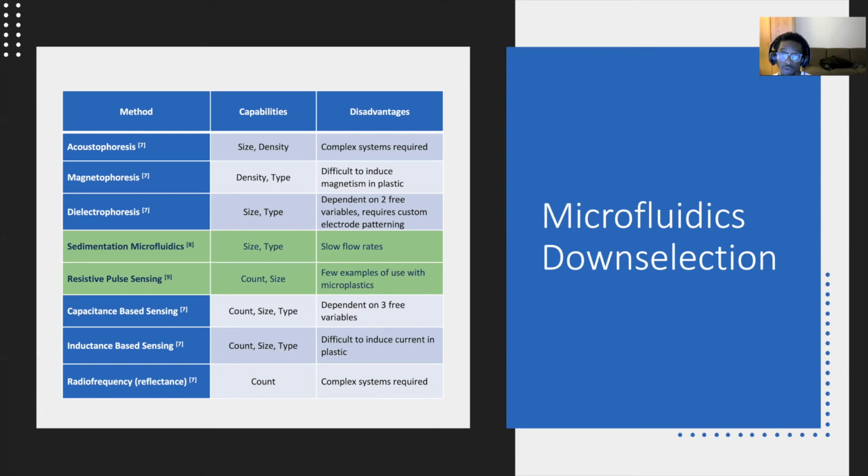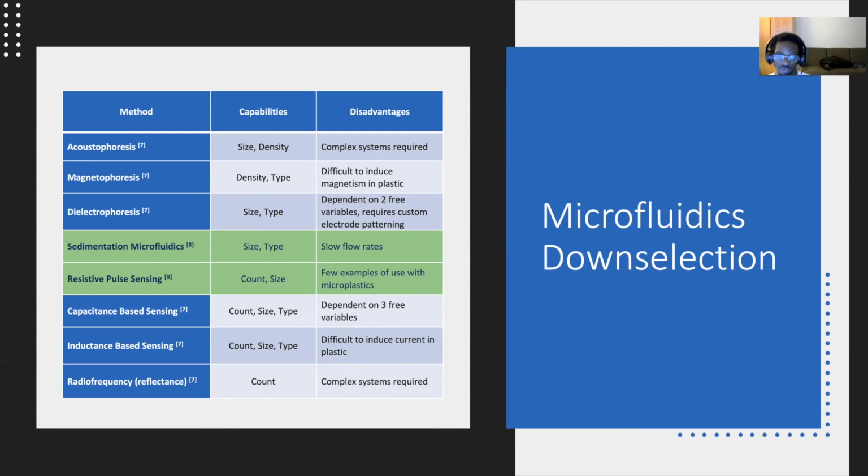Radio frequency or reflectance counting is a similar process to acoustophoresis counting, and as such has the same problems in that it can't count particles. It's harder to count particles in a cheap manner because you require large systems to be able to read the reflectances easily.